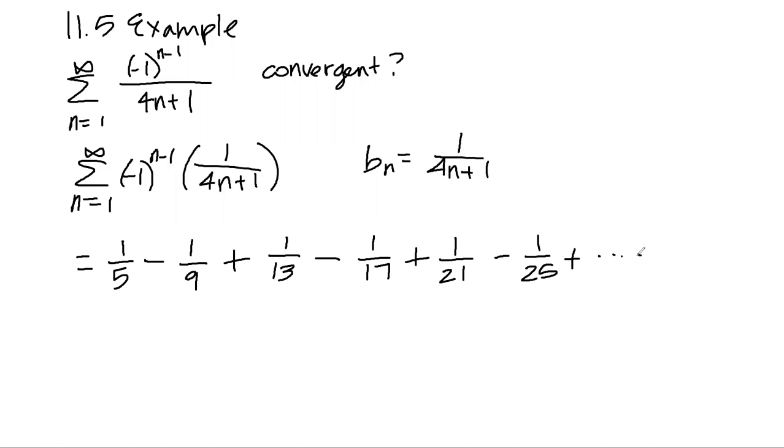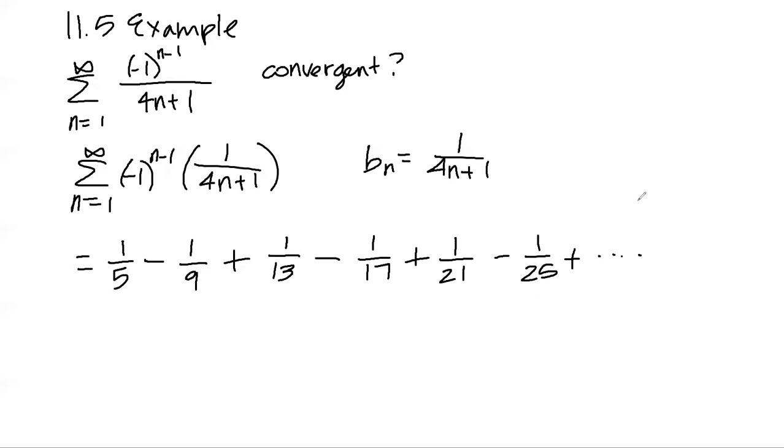Now let's talk about the test. So b_n is 1 over 4n plus 1. And the question is, if you ignore the positive and negative signs, are these terms decreasing? Is each term larger than the next? Or is each term smaller than the one prior to it? Absolutely. You can see the denominator of each one of these fractions is growing. So if they were all positive, each term would be getting smaller and smaller.